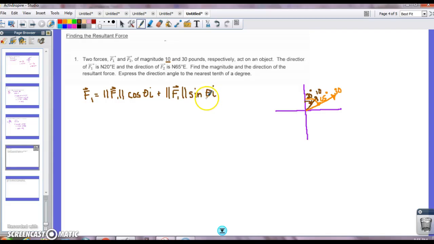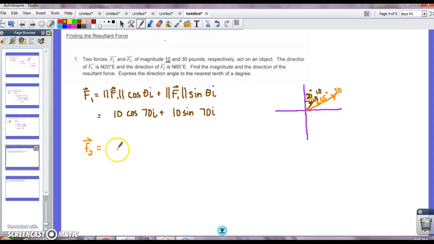If I plug my values in, I end up with 10 cosine. Now remember, this angle was 20 degrees, so my actual theta is going to be 70. So this is 10 cosine 70 i plus 10 sine 70 j. So that's my F1.